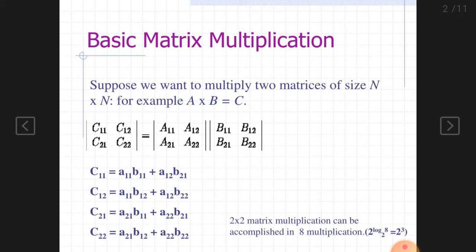So in traditional matrix multiplication, we are multiplying two matrices, and as you know, the criterion of multiplication is this: the number of columns of the first matrix should be equal to the number of rows of the second matrix. Suppose we want to multiply two matrices of size n cross n.